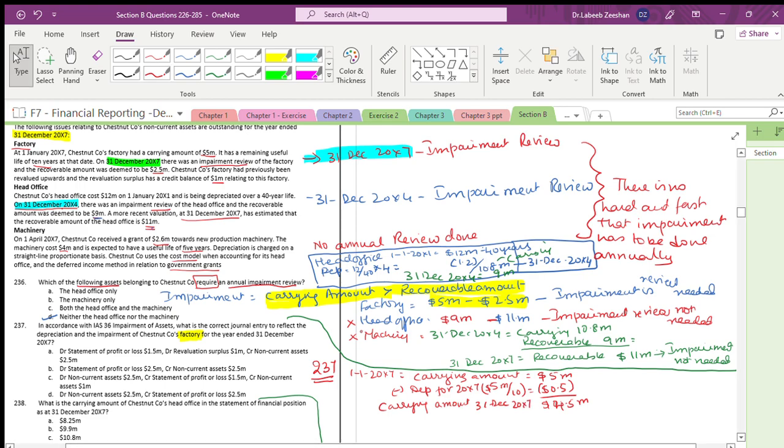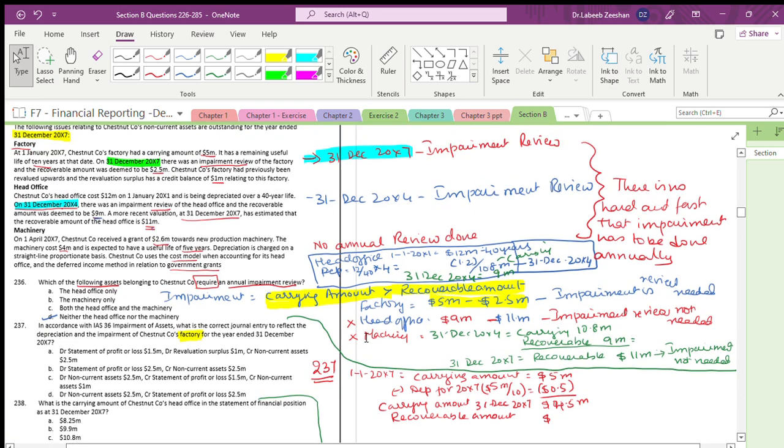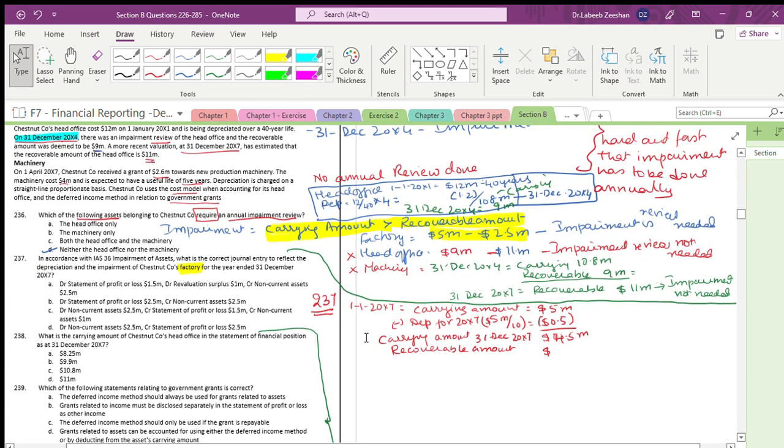Now, what is the recoverable amount? The recoverable amount is 2.5 million.